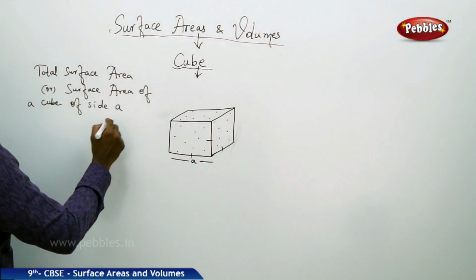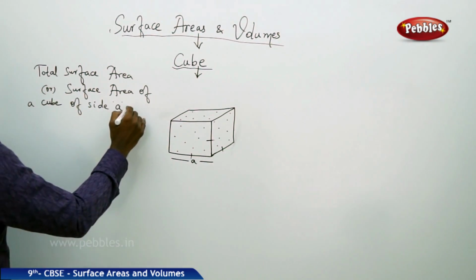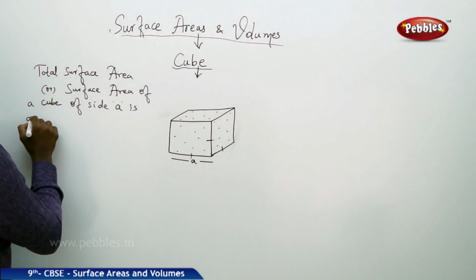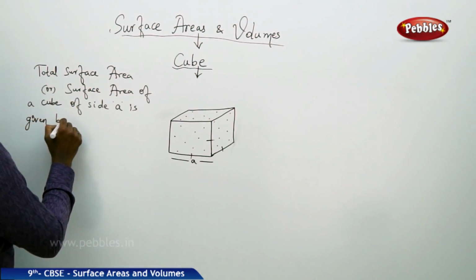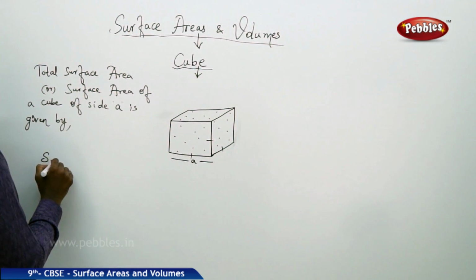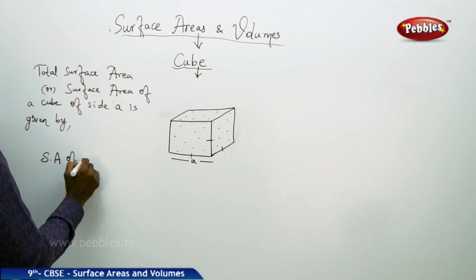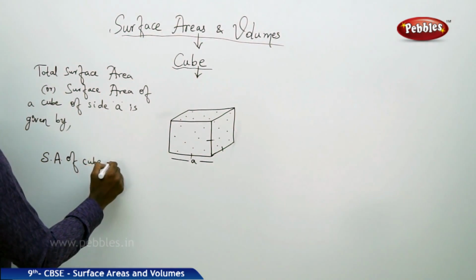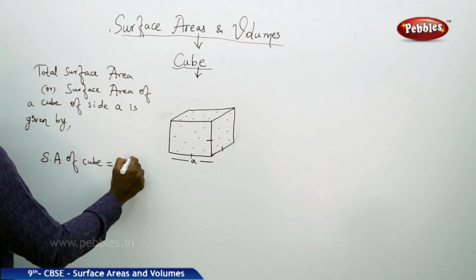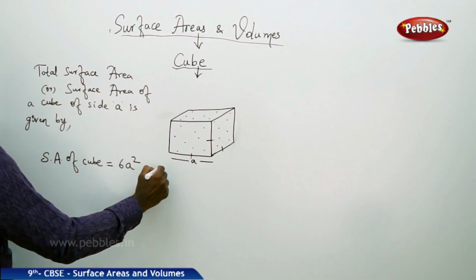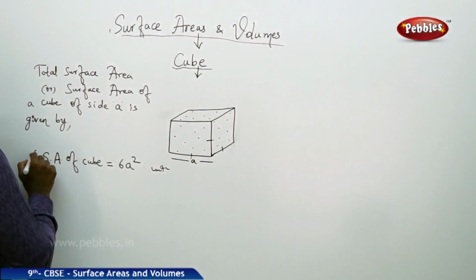The surface area of a cube of side a is given by: surface area of cube equals 6a² square units.